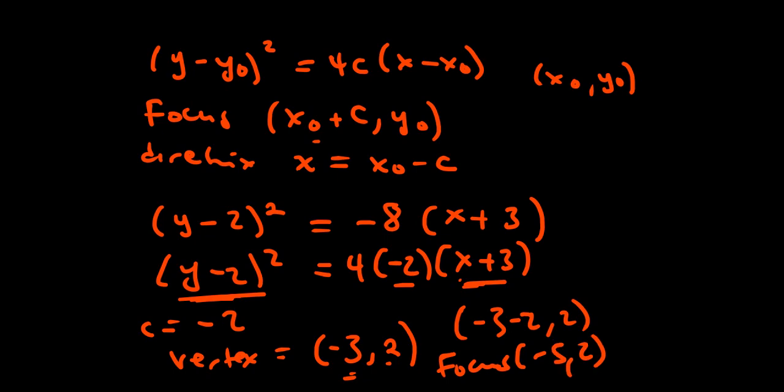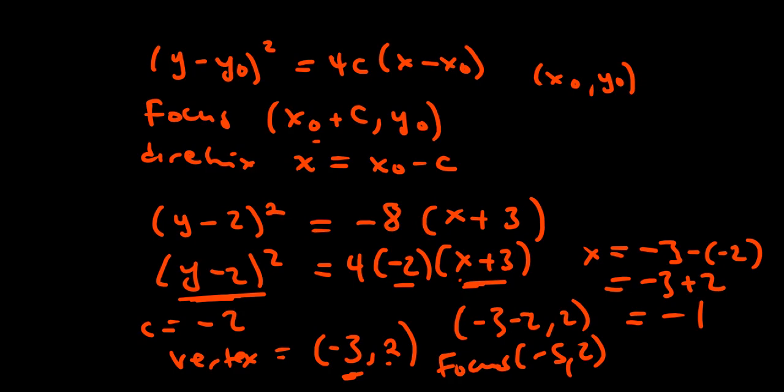Then our directrix is x equal to x naught minus c. Your x naught is negative 3, minus your c, which is negative 2. That gives you negative 3 plus 2, which is negative 1.